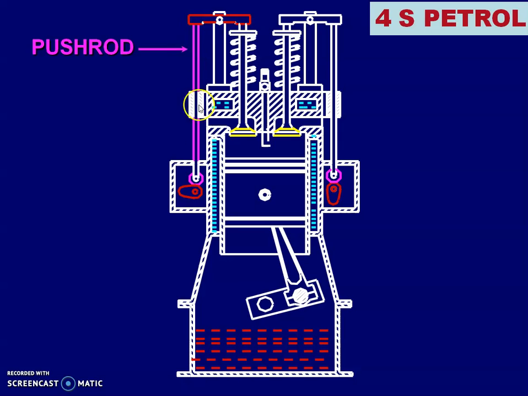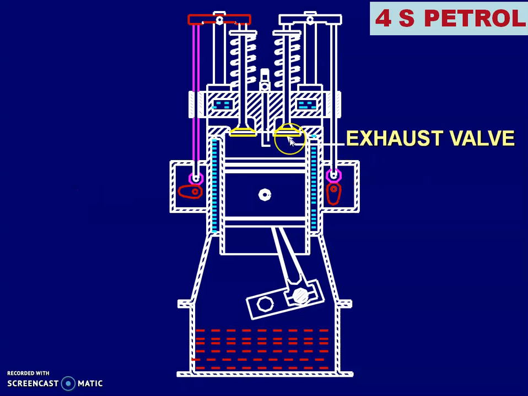This is the push rod. This is the cam. As the cam rotates, the push rod moves up, and due to that, the rocker arm from the left hand side moves up and from the right hand side moves down. Due to that, it opens the inlet valve, or similarly it opens the exhaust valve. So that is the cam follower. This is the exhaust valve.